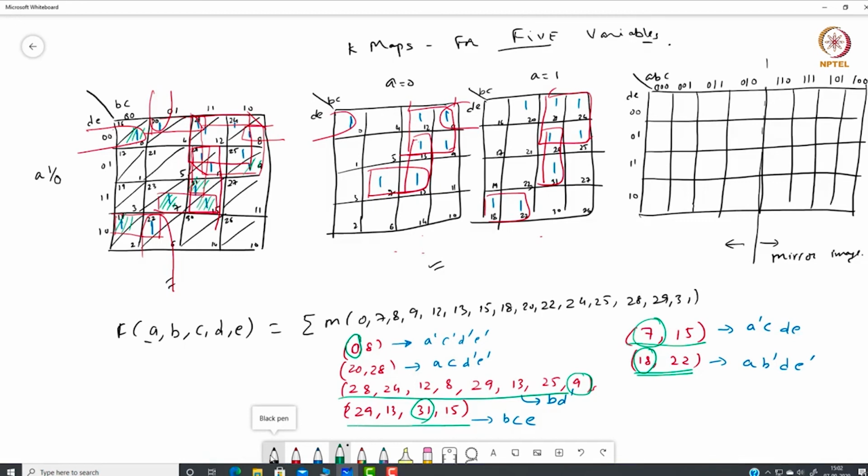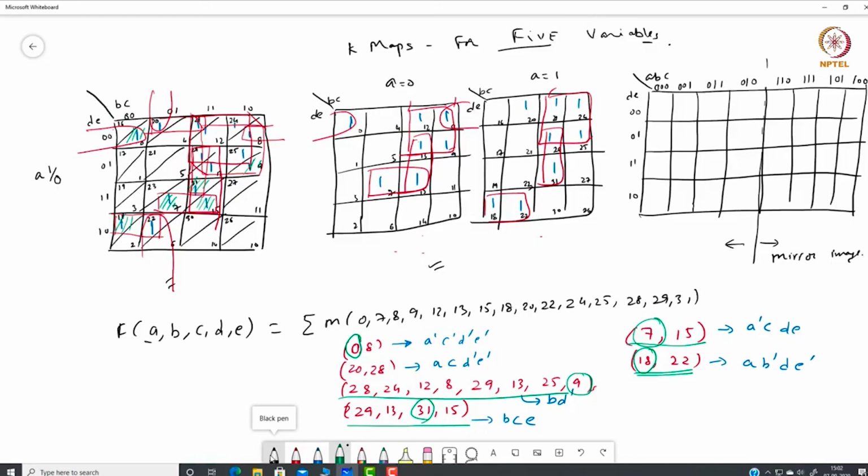In this way we find the essential prime implicants, and after them only 20 would be remaining, and then you can combine it either with 20 and 28, or with 20 and 22. Both of them would be equivalent.